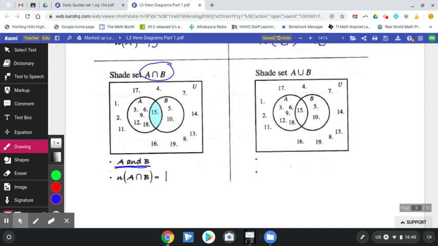Now union can be a little trickier. Here we're doing the union of A and B. Just remember that union is kind of like adding.